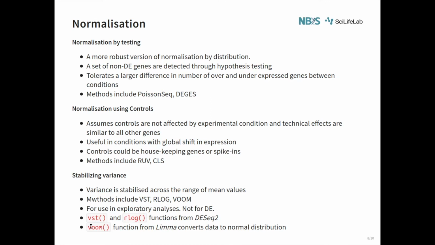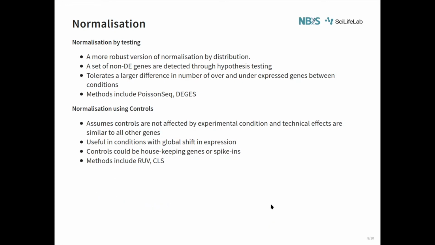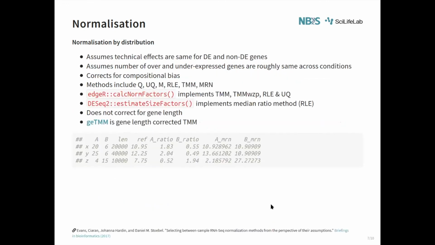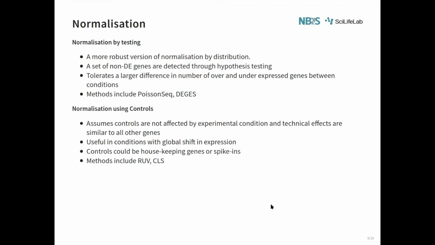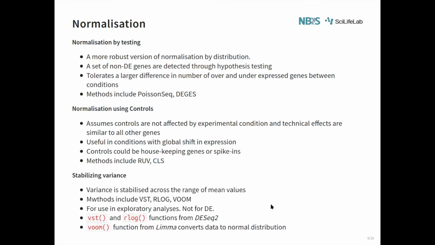And limma has a function as well, which helps you to do something similar. And yeah, we will look at this during the exploratory analysis. We are going to use these counts there.